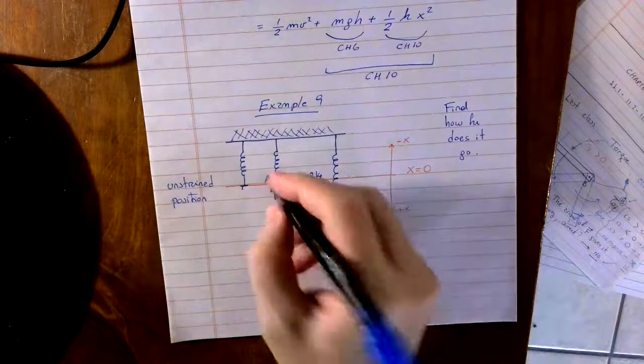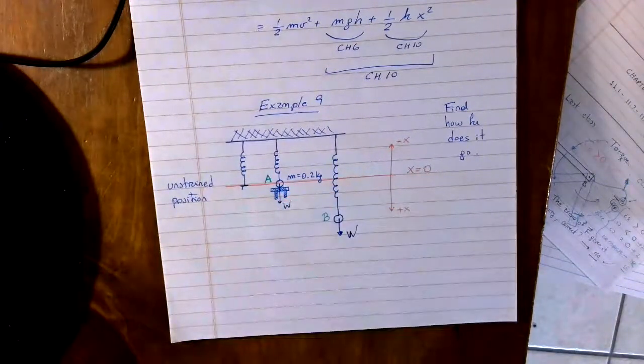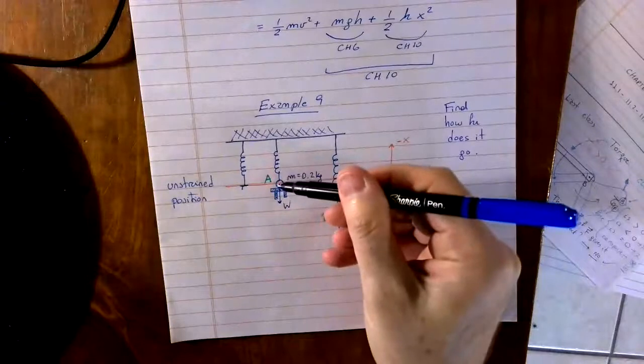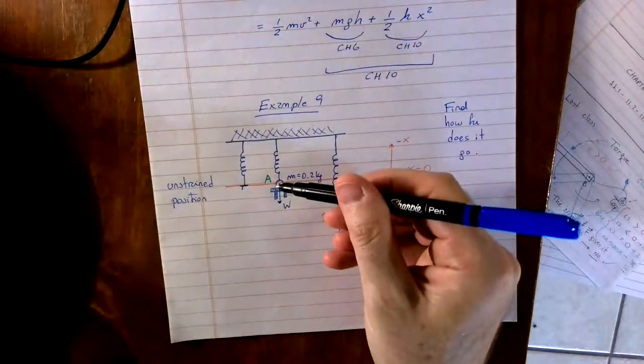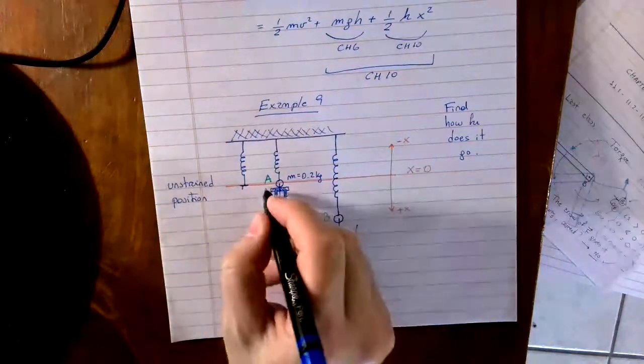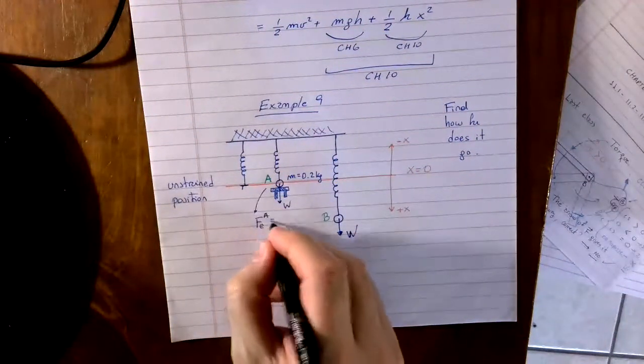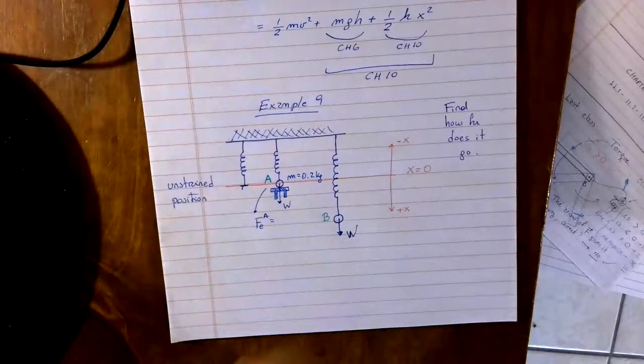Gravity is always acting here, all the way. So what is the force of elasticity at this point, at A? What is Fe at A? Yeah, this is 0. Great. This is 0 because we are starting from this point.